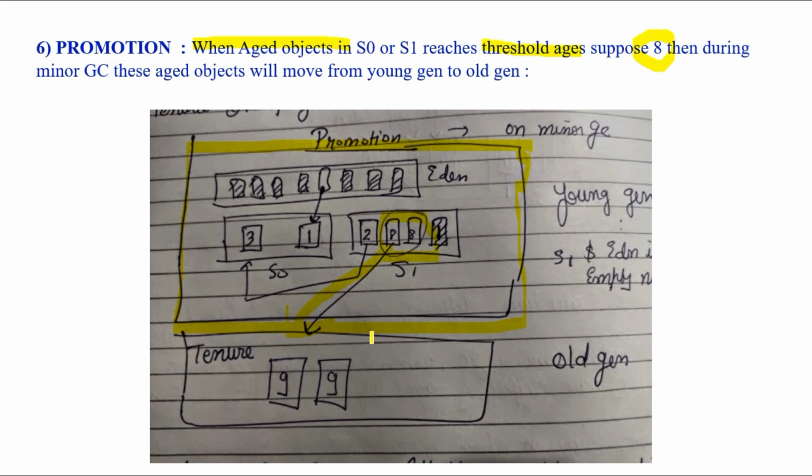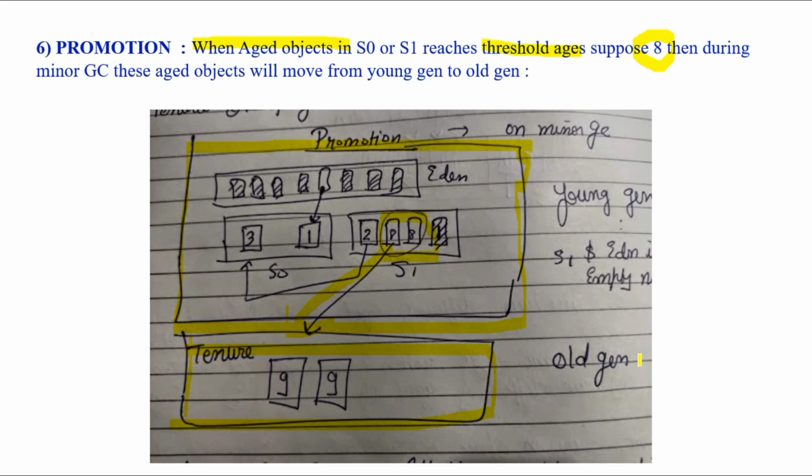This is a very important strategy in the generational garbage collection used by garbage collectors. I hope that much is cleared. Now there might be a chance that even your old generation will be completely filled with objects. They might have the age of 99999, all of them. Then in that case, what will happen?